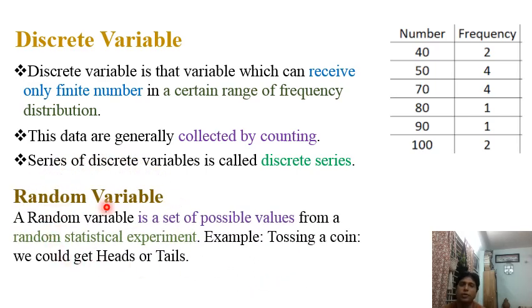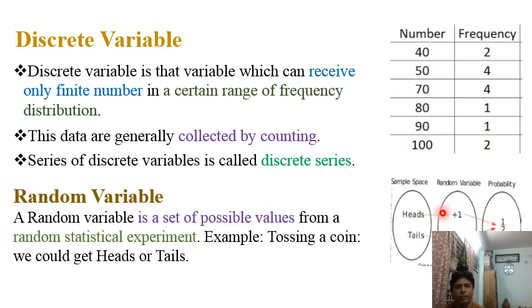Another variable is the random variable. What is random? A random variable is a set of possible values from a random statistical experiment. For example, tossing a coin, we could get heads or tails. So a random variable is basically used in probability distributions, and it is found from a random statistical experiment.